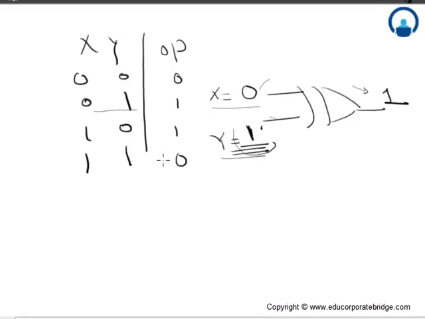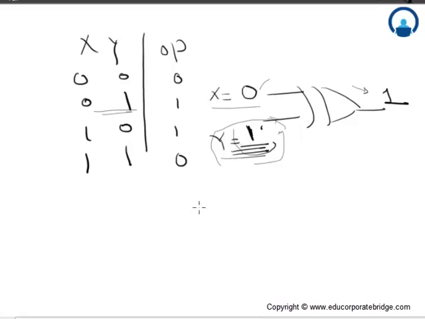Since one input is 1, that is Y equal to 1, it is clear we have got the output as 1. Therefore, we can conclude that XOR acts as an inverter when any one of the inputs is 1. That is, XOR acts as an inverter to the other input when one input is 1.